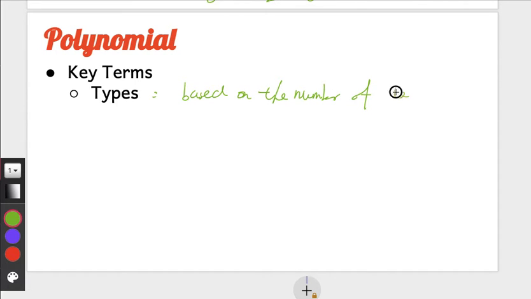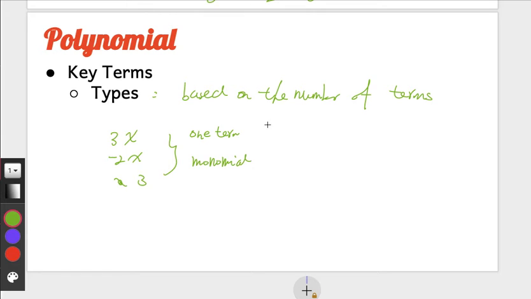So some students probably already figured out what the name is going to be. For example, if I just have one term here, like 2x, or 7, or negative 2x, or just a number 3, as you can see, they're all one term. That's why we call it a monomial.